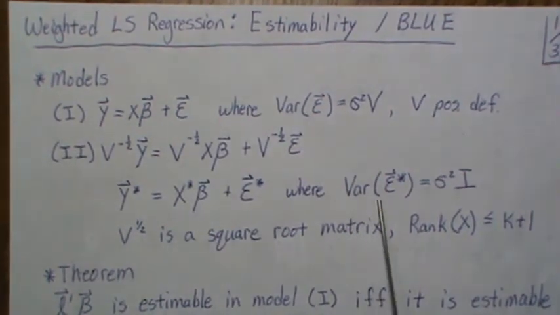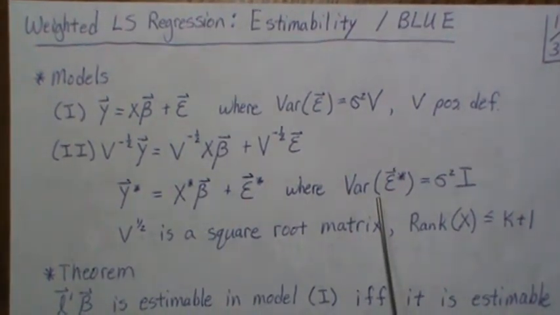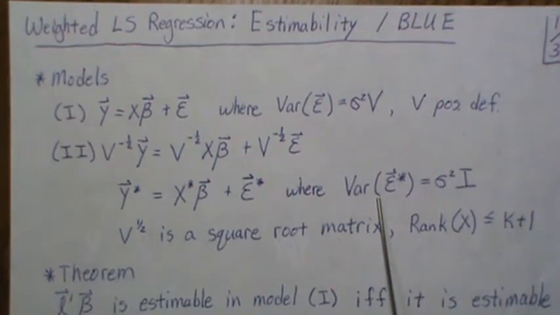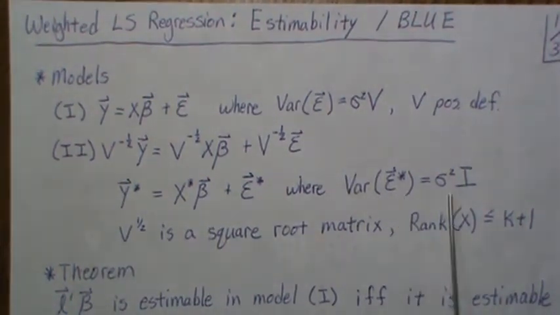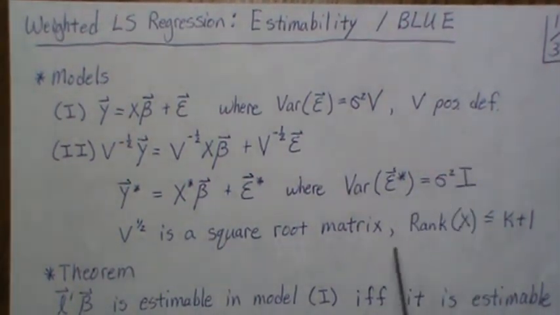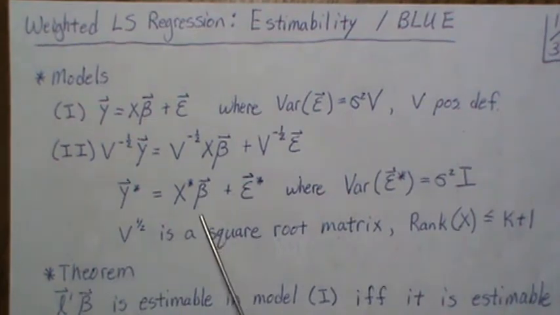And then it's transformed into the standard multiple linear regression setting where the variance-covariance structure is sigma squared I. The rank of X is less than or equal to k plus 1 because there are k plus 1 beta parameters here.